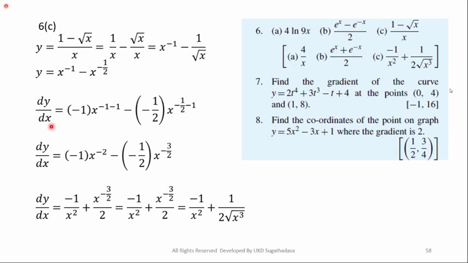You have to apply that kind of thing. Another meaning is graphical: the gradient of the curve at that particular point. The gradient of the tangent drawn at the particular point gives the dy by dx value. It's a practical value, and actually the rate of change is the same meaning.